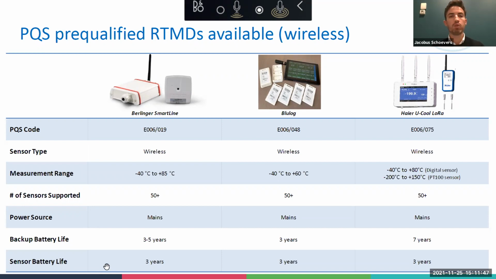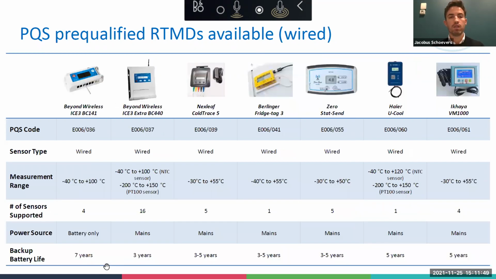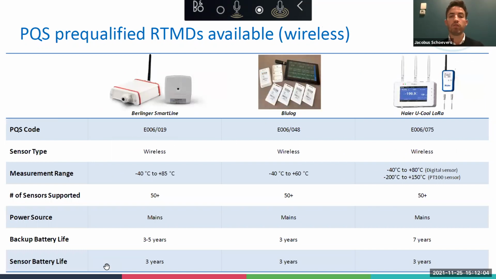Jalia, maybe if you jump back to the previous slide for us. If you look at the wired systems that we're talking about here, you can see typically between, let's call it, 1 and 16 sensors that these devices can support. If you go to the wireless systems, you can see 50 plus for all of them.